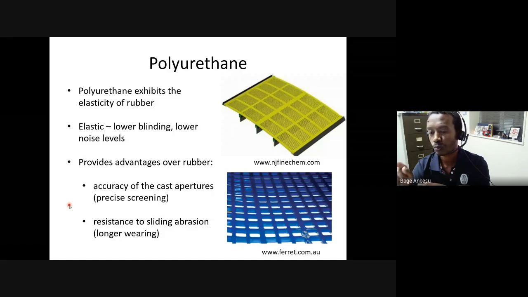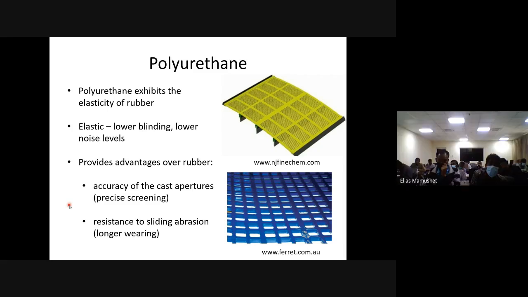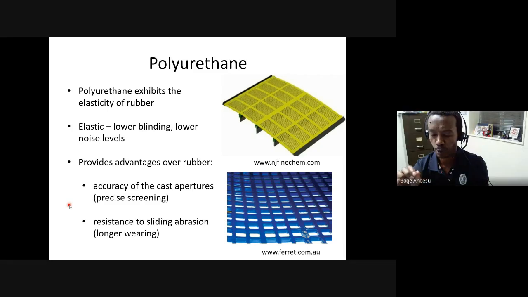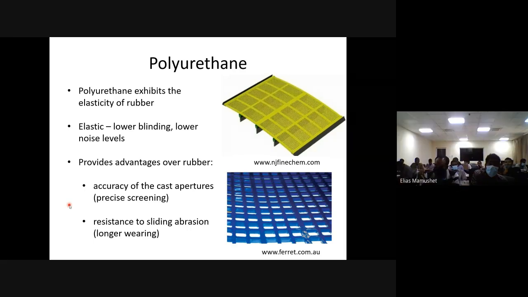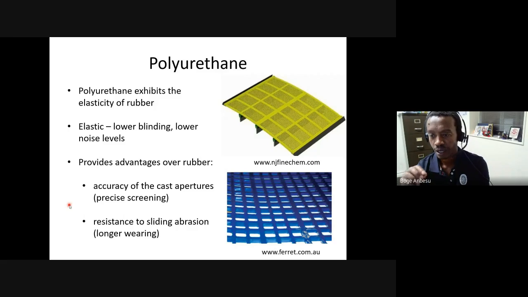But when it comes to something that is elastic, in this case the polyurethane, if something goes in the opening and is momentarily stuck there, because it is elastic, and we also have a vibrating screen, for example, made from polyurethane, because you have motion applied to it, and because particles are also falling on it constantly, usually that stuck particle will be forced to pass through, because the polyurethane is very flexible.